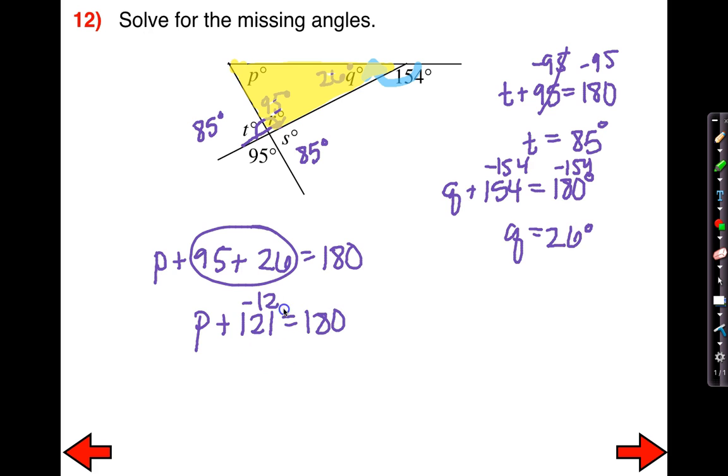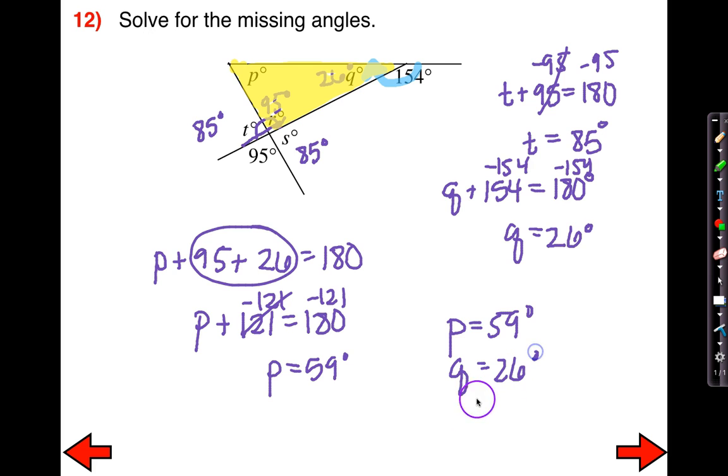So we're going to subtract 121 from both sides and be left with P equals 59 degrees. So here I know angle P is 59 degrees, angle Q is 26 degrees, angle R is 95 degrees, angle T is 85 degrees, but so is angle S.